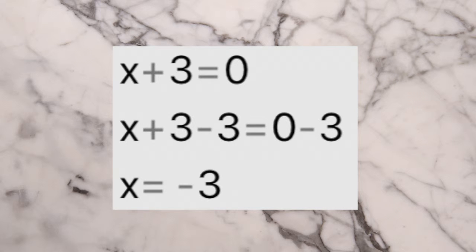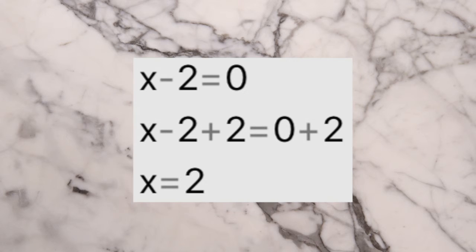The value of x is now negative 3. We will also do it on the other factor since it was part of the FOIL method. So x minus 2 equals 0. And then we need to add 2 on the left side and also on the right side. So x minus 2 plus 2 equals 0 plus 2. The value of x is 2.